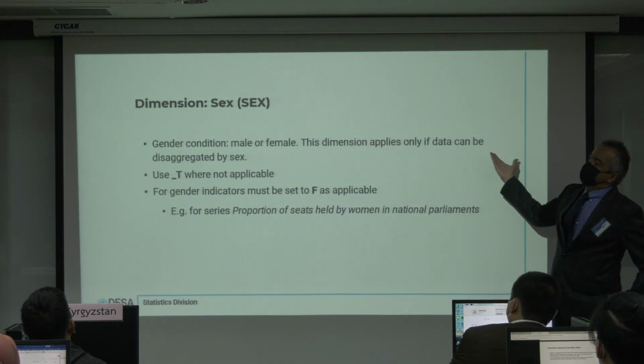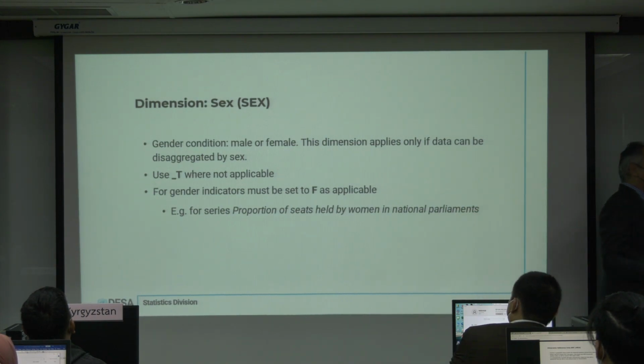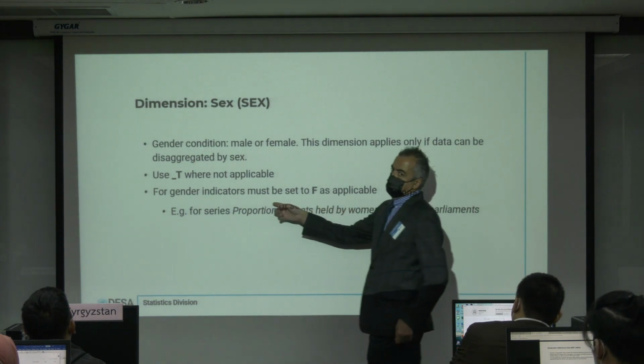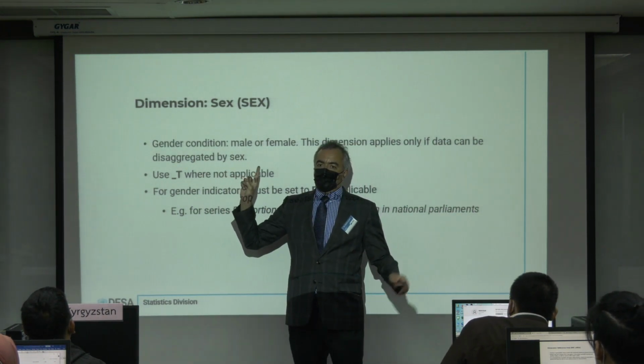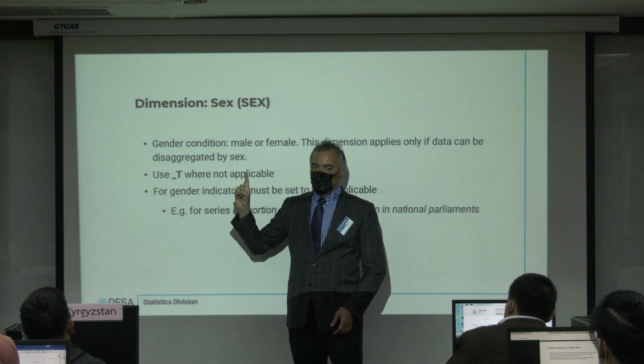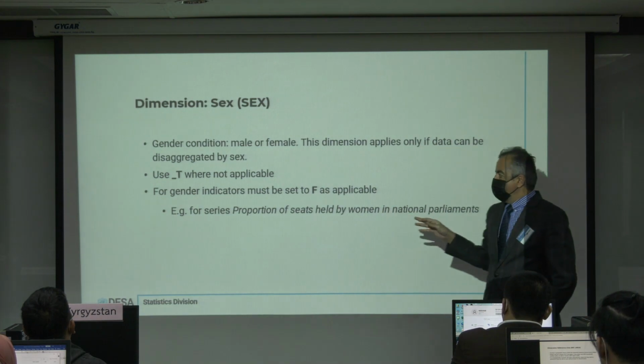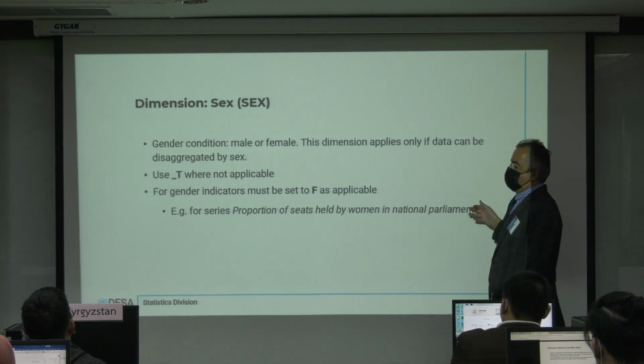Dimension sex, pretty easy. Male or female. Underscore T for total. If not applicable, you use underscore T. You have a number of indicators which are not disaggregated by sex, but they are gender indicators. So, proportion of seats held by women in national parliament.